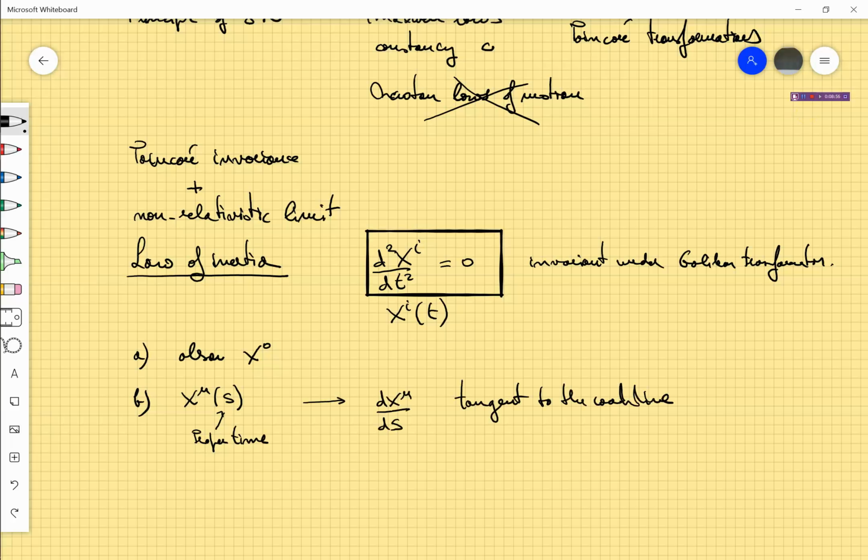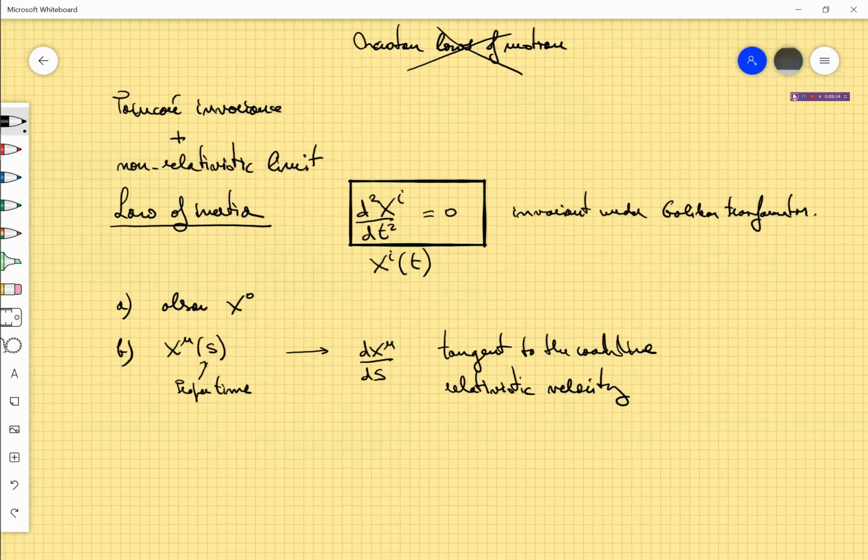It is sometimes called a 4-vector, or the 4-velocity. It is just the relativistic velocity. On the one hand, it transforms as you should expect, really as a vector.